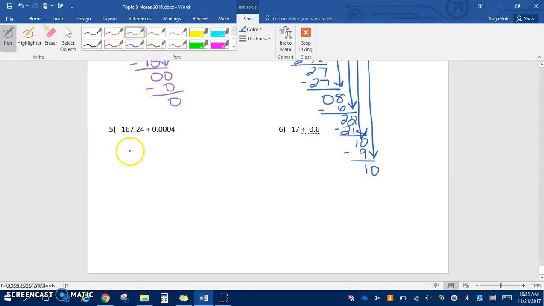Alright, now if I look at it, normal setup, 3. Okay, so now if I look at this decimal, I need to move it 1, 2, 3, 4 places this time. So that means I'm going to multiply the whole thing by 10,000.